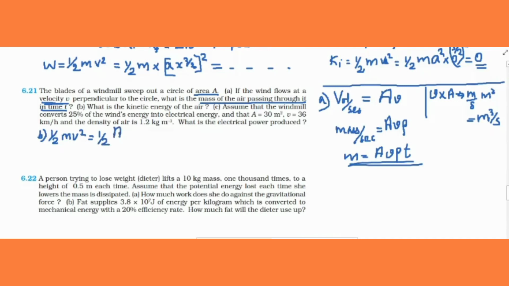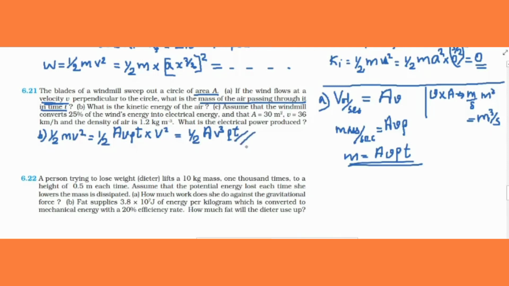Value of m is A V rho t, into v square, is equal to half A v cube rho t is the kinetic energy. So that is answer to part B.